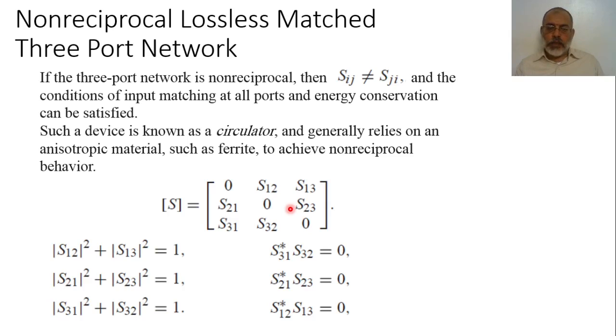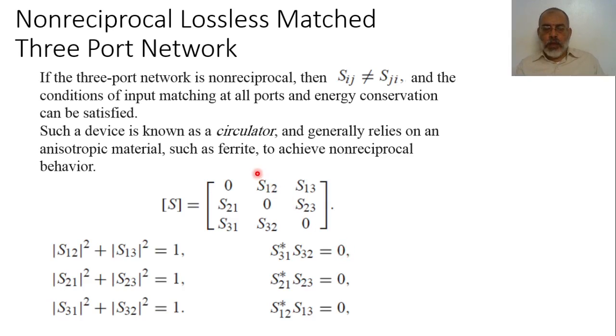Taking the conjugate of the first column multiplied by the second column, the first term is 0, the second term is 0, and the third term is S31 conjugate multiplied by S32. This must equal 0.